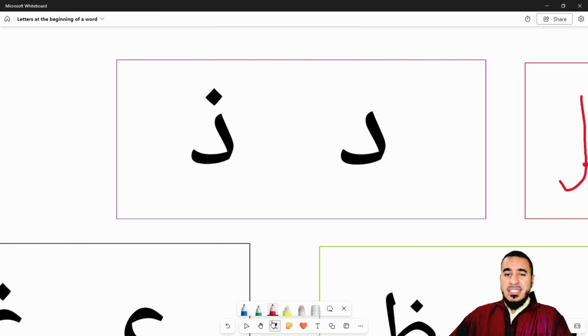So this should tell us that they cannot attach physically to the next letter in the word. The second letter of a word that starts with the dal or the dhal will not physically attach to either of these two letters. So for example, if we use the lam, then it will not physically attach to either of these two letters.